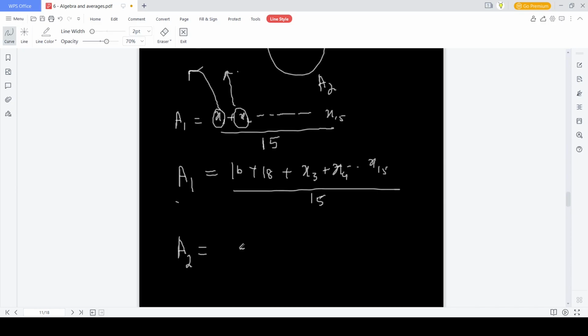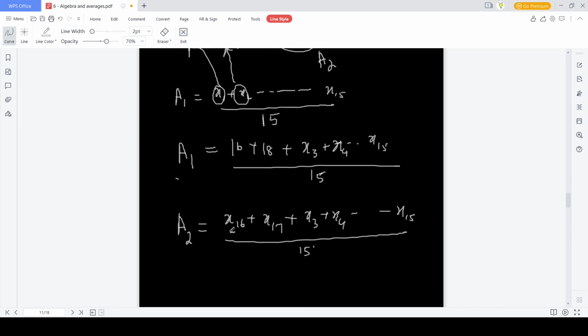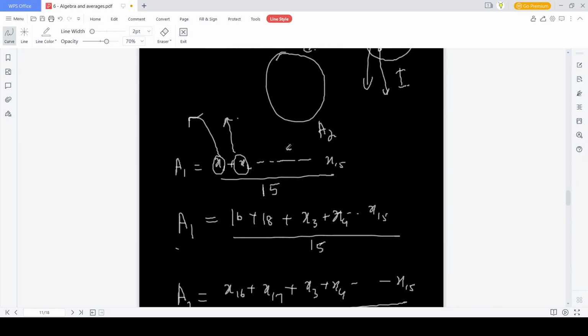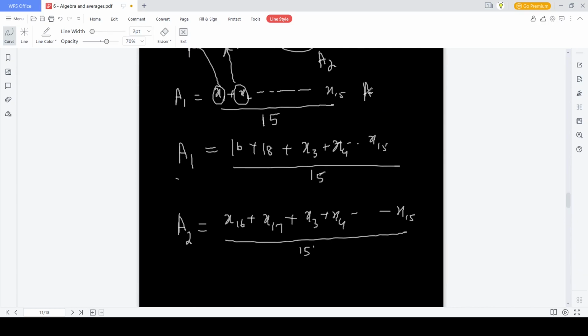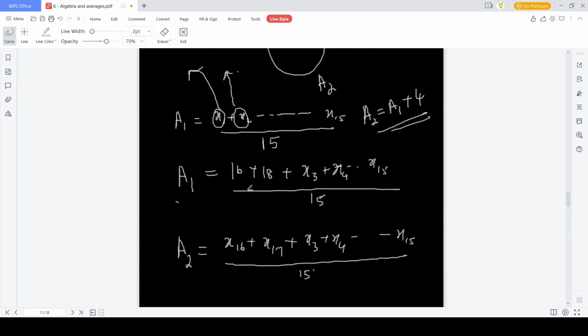The second average is nothing but the new girls, x16 and x17, plus x3 plus x4, so on up to x15, and you have to divide this by 15. This is the new average. Now we know that A2 is equal to A1 plus 4, they've given it clearly. I will substitute A2 and A1 here.